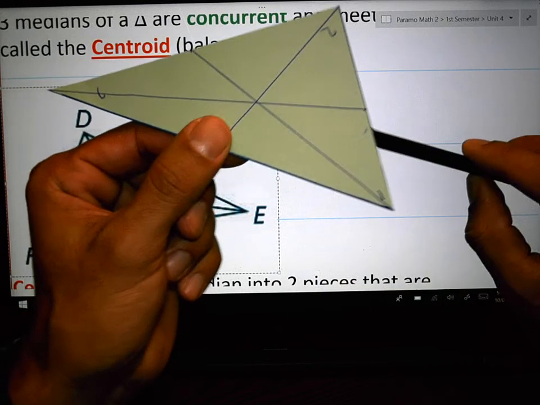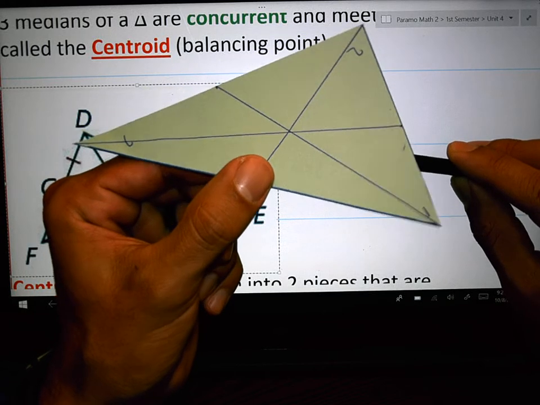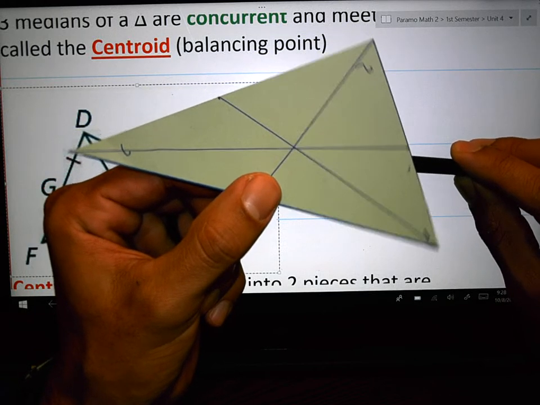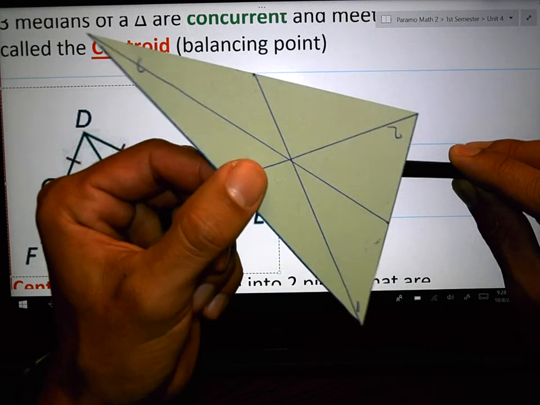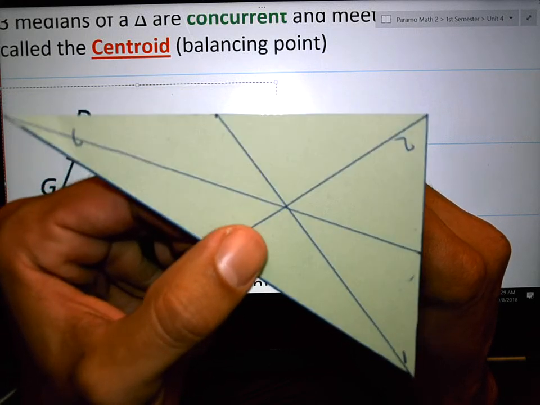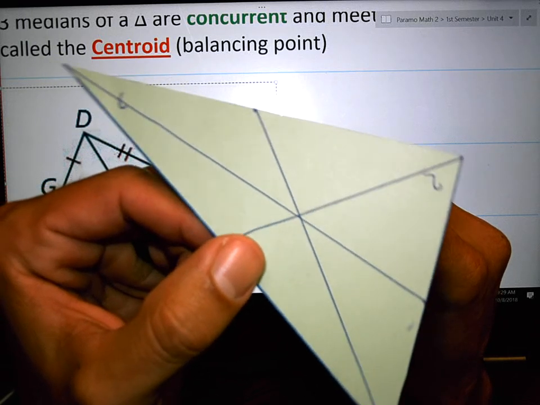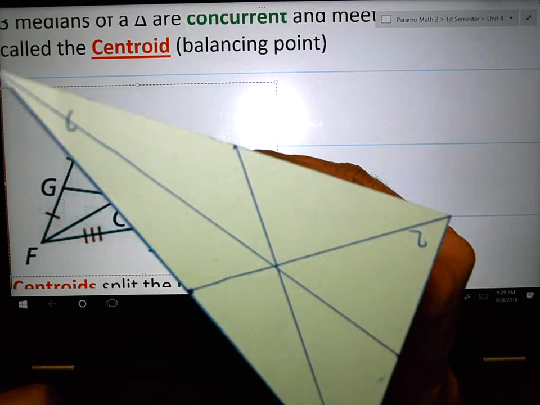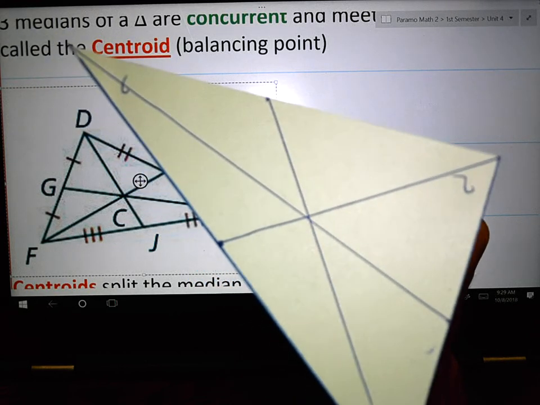Let me see if I can show you this. I'm going to show it to you here underneath the camera, and then I'll show it to you live. If I do this right, and I get to that centroid right on top of this pencil, let me see if I can do it this way. Whoa. I don't know if you can see that on the camera.